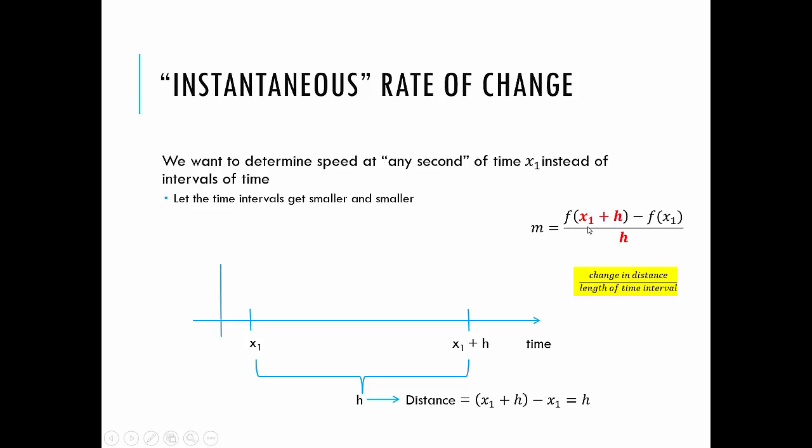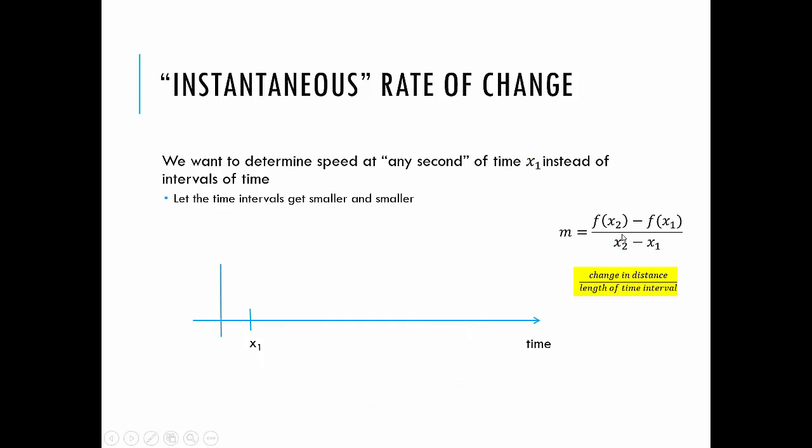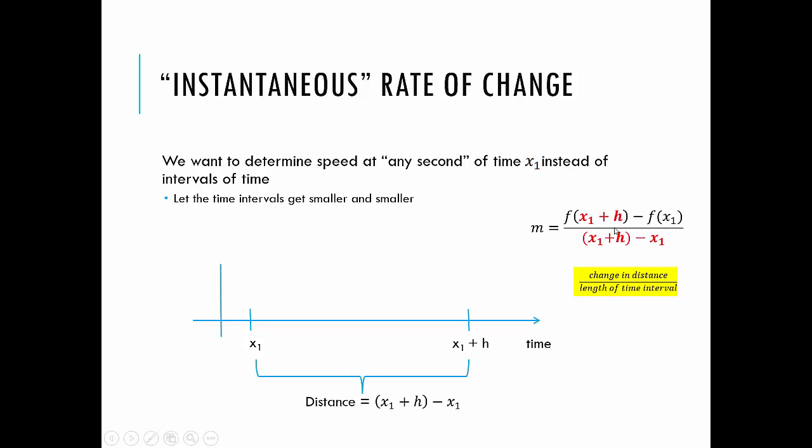Back here we started with f of x2 minus f of x1, and then I said, well, let's call that second point x sub 1 plus h, because that's how I'd get there with the distance, right? And so if I call x sub 2 that, wherever I saw an x sub 2, I replace it. And then I say, well, if that distance is h, then I can actually replace the denominator, my length of time, with h.